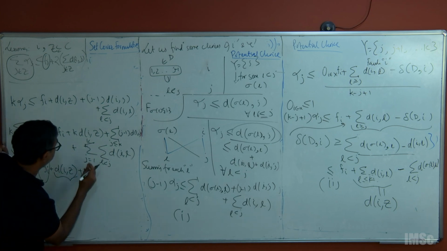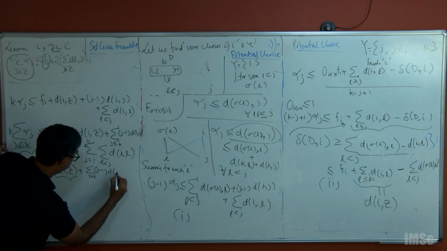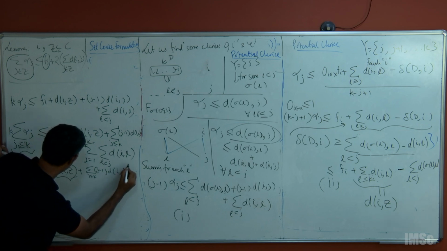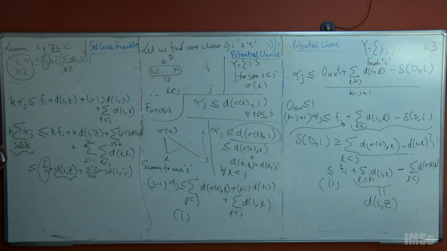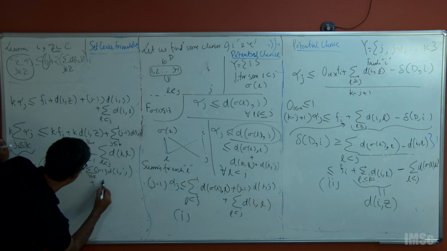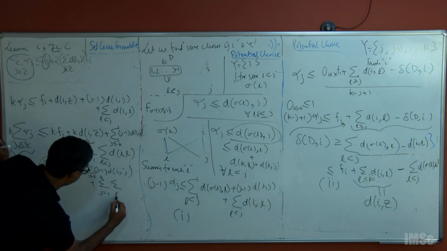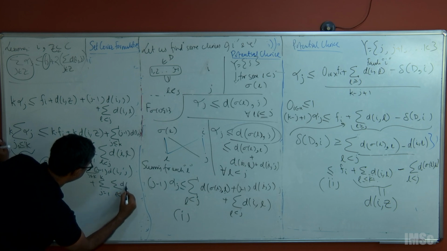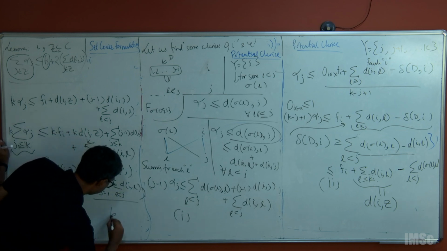This is summation j less than or equal to k, j minus 1 Dij. This is basically dz, okay, fine, and plus summation j equal to 1 to k, L less than j, dil, this divided by k.